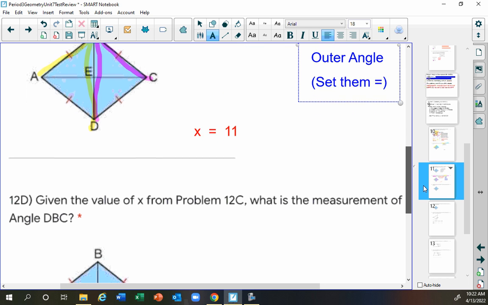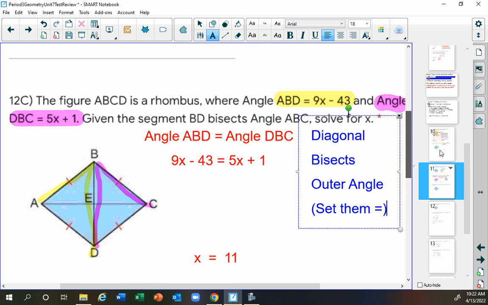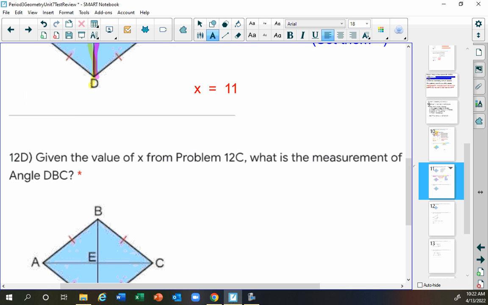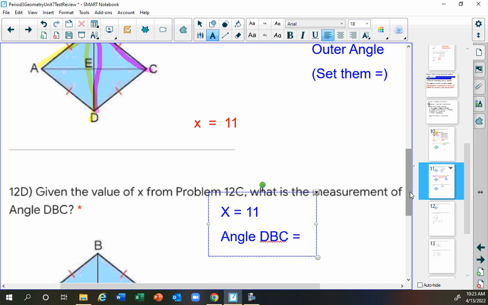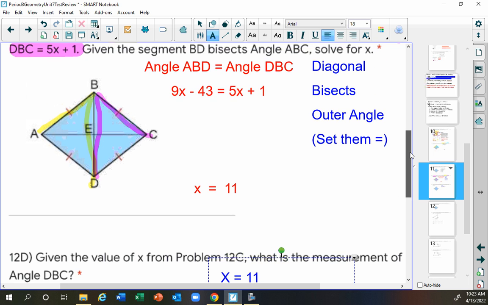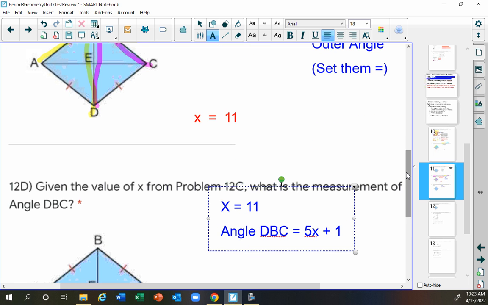All right. So, angle DBC, we'll say x is 11. And then on your test, you will be told angle DBC. So we go back to the top real quick. I'm going to give that to you: 5x plus 1. Okay.